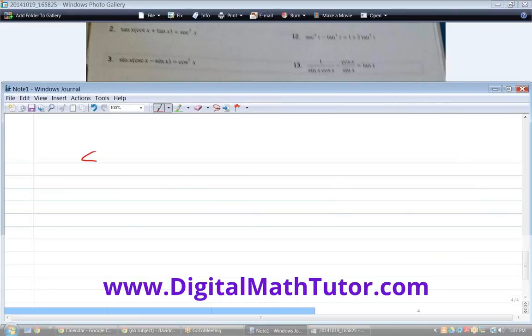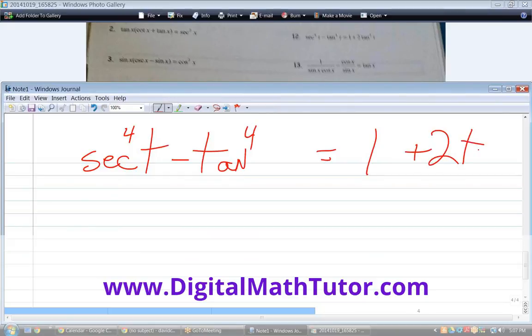This is to the fourth. This is identical to number 1 or 3, one or the other, only using the cofunctions. Again, recognize that as difference of perfect squares, because otherwise it's hard to work with secant to the fourth.